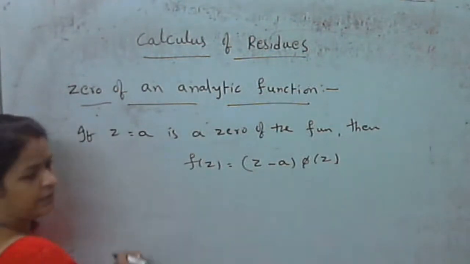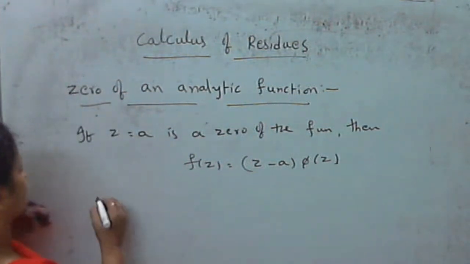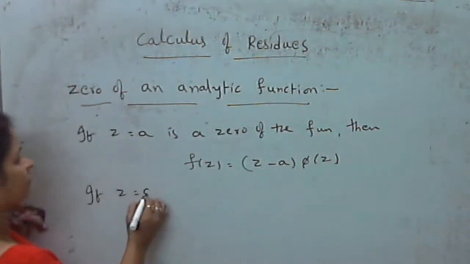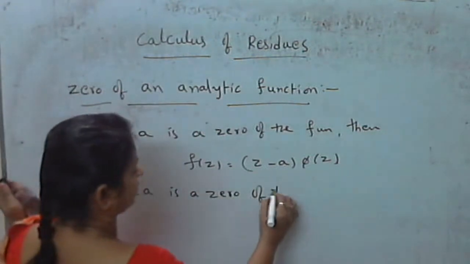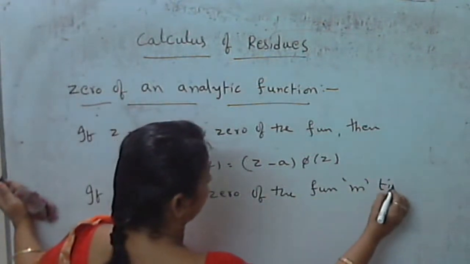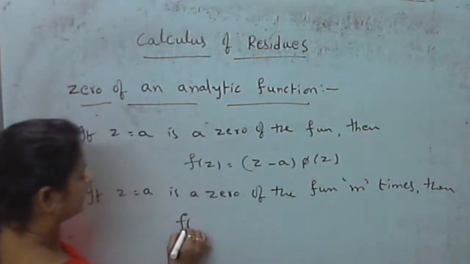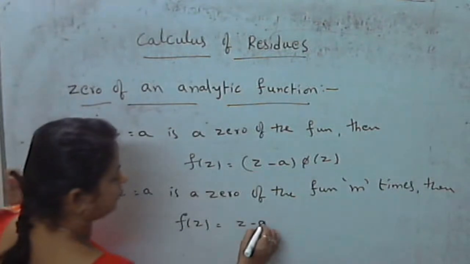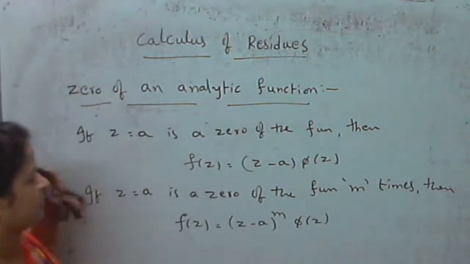If z equal to a is a zero of the function m times, then f of z can be written as z minus a whole power m into pi of z.